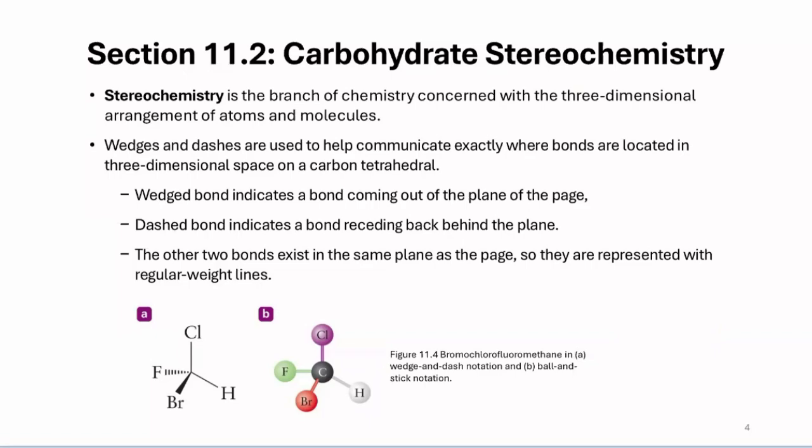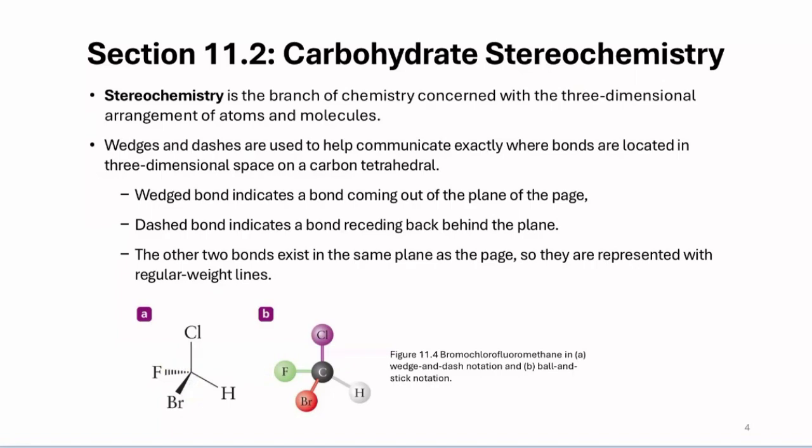So if you have a tetrahedral carbon, and we see the images at the bottom of the slide for figure 11.4, we can observe that if a carbon atom has four different substituents, we are going to specifically illustrate the positioning of those substituents by using wedges or dashes.